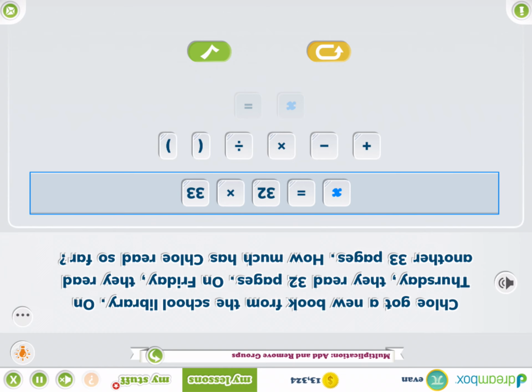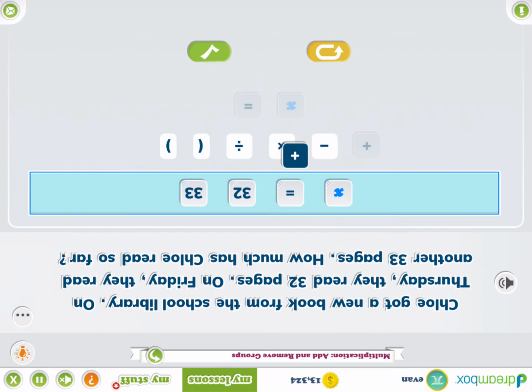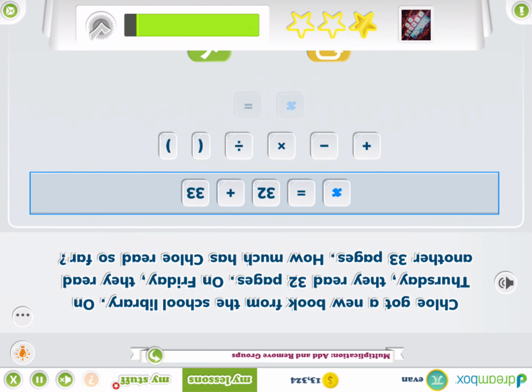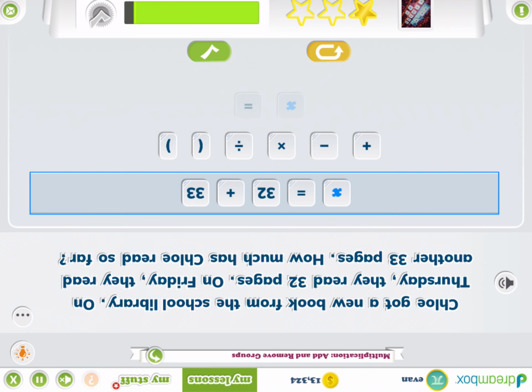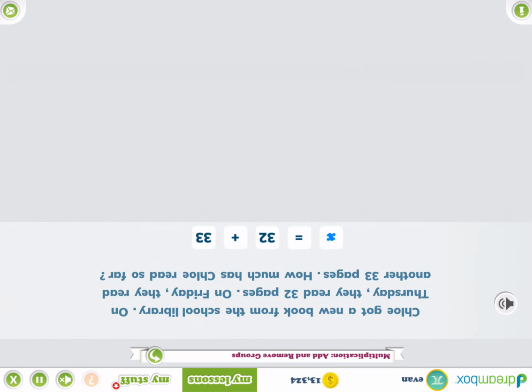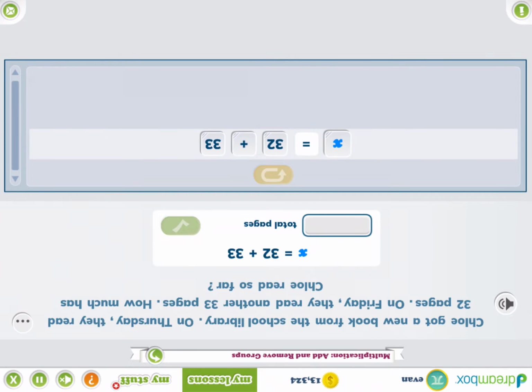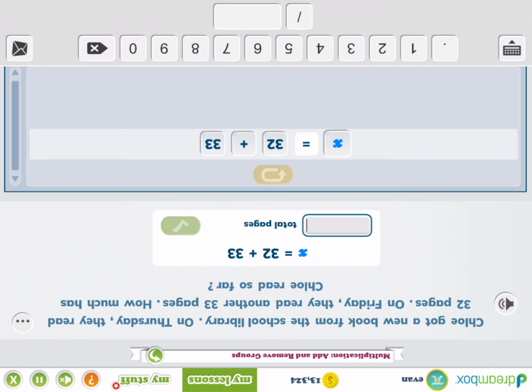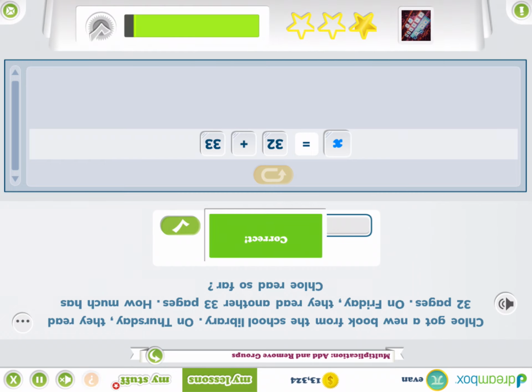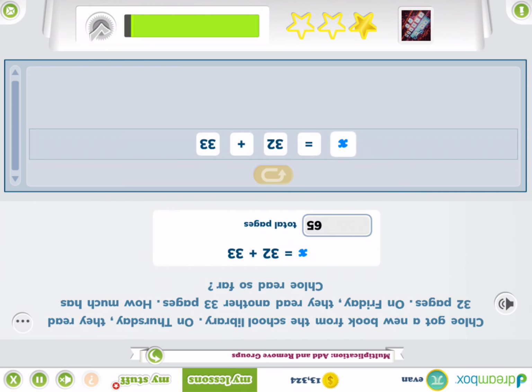Or are you working with groups of items? Good job. Chloe reads 65 total pages.